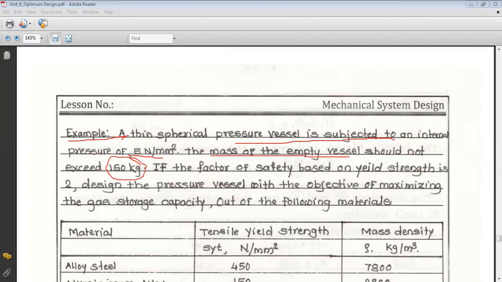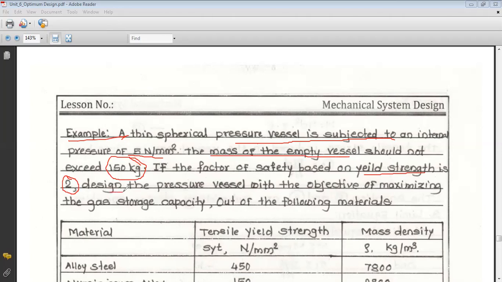So there is a limitation on the mass of the empty vessel, such that it should not exceed 150 kg. The factor of safety based on yield tensile strength is given as 2.